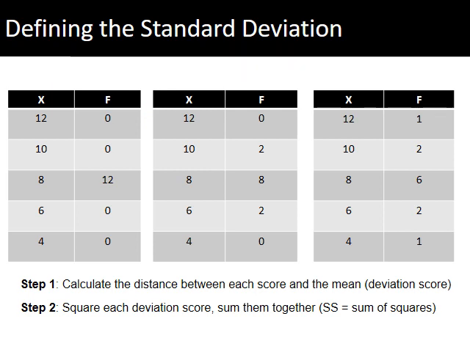We calculate the distance between each score and the mean. This gives us a set of deviation scores. Then we square each deviation score and we sum them together. And the number we've calculated after step 2 is known as the sum of squares, or SS.